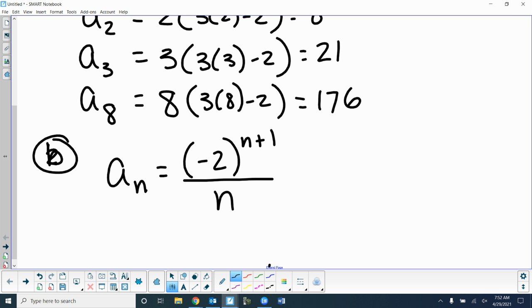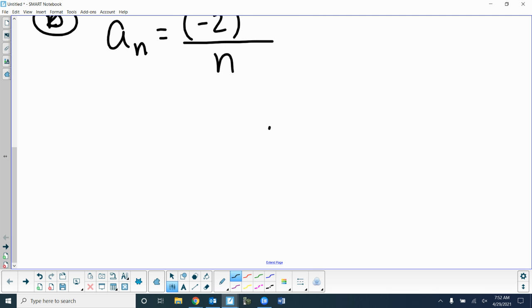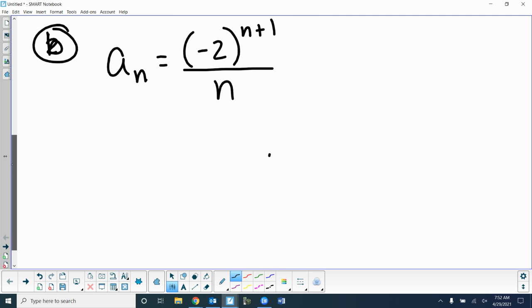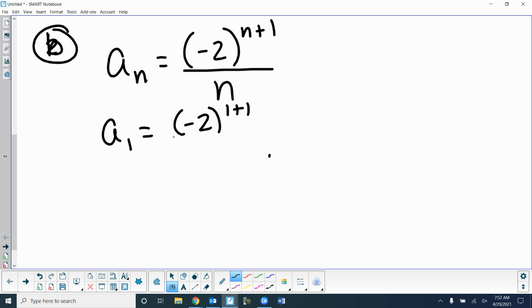So again, wherever we see an n, we're going to put 1, 2, 3, and then 8. So that's -2 to the second, which is +4 over 1, so that would be 4.